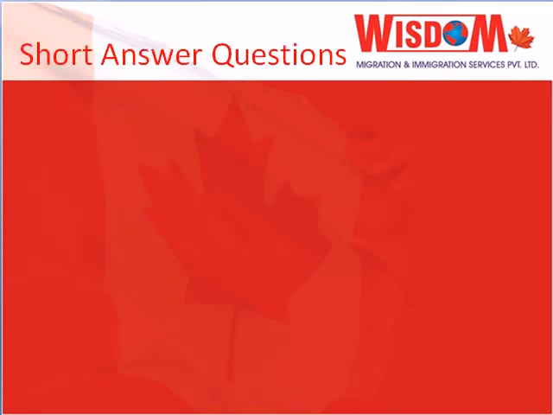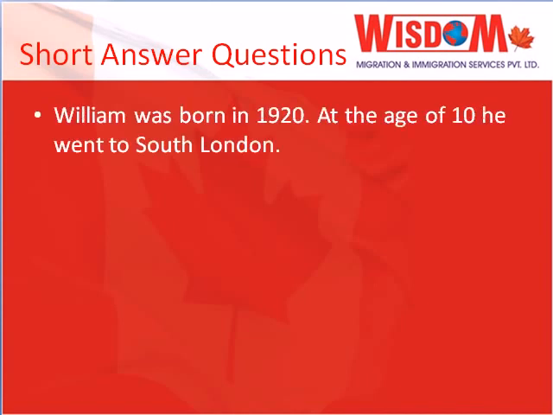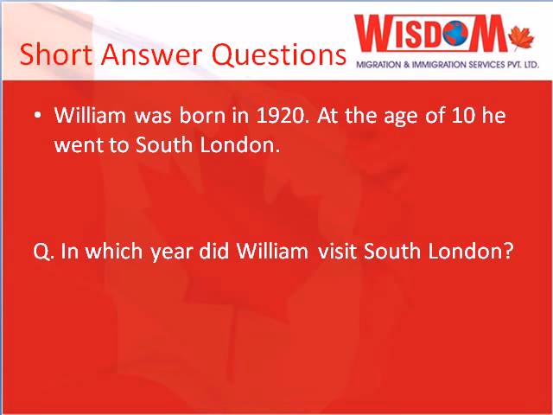Now we're going to discuss the types of questions one by one. First, we have the short answer questions, where you have to give a very short answer with a maximum of 3 words or a number. So here is our sample question. William was born in 1920. At the age of 10, he went to South London. And the question is, in which year did William visit South London? It is very clear from the text that William was born in 1920.